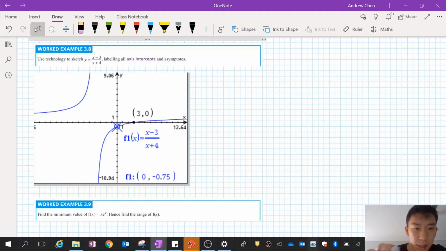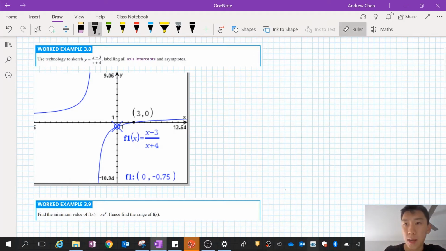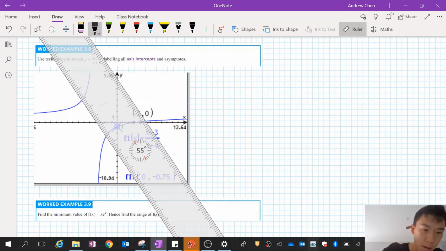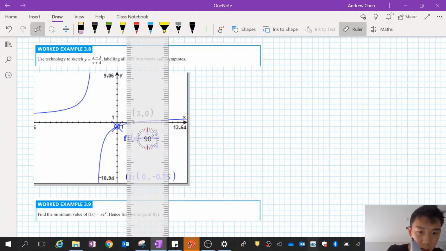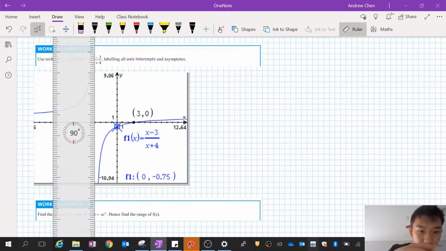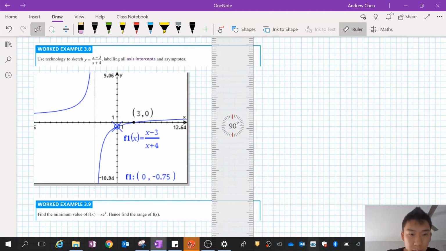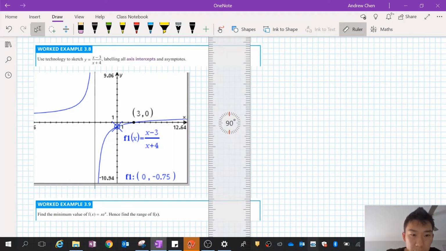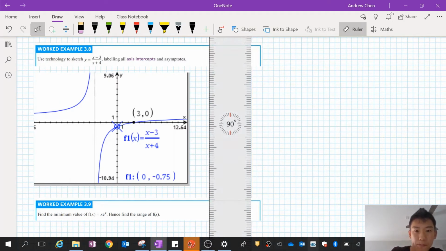Alright, so we can see that it looks like there's an asymptote at, let's get the ruler out. Let me just draw a straight line just to make it easier. Alright, so it looks like we've got an asymptote at x equals -4.